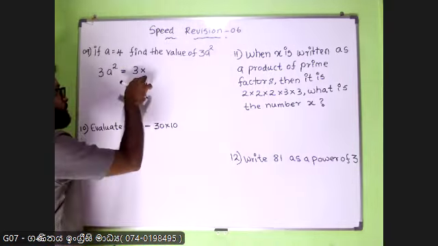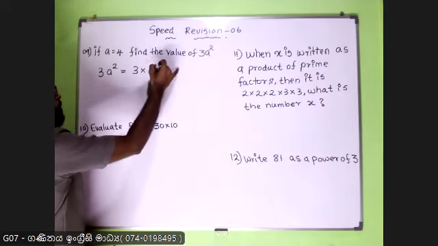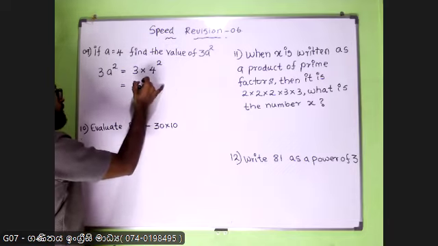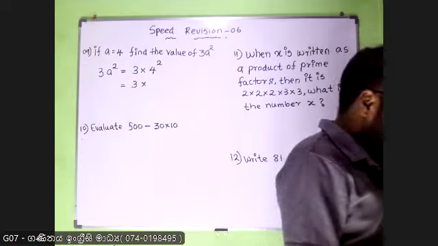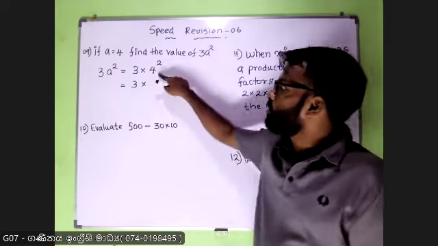So 3 times, a means 4, 4 to the power 2. What is 4 to the power 2?